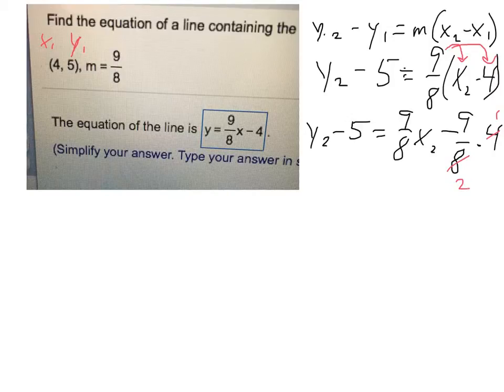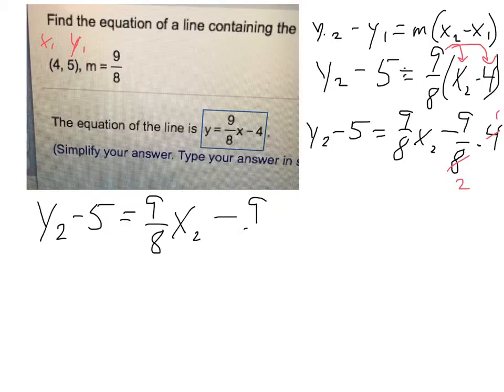So now the new equation looks like y sub 2 minus 5 equals 9 over 8 x sub 2, and it's minus 9 over 2, right? Because we had 9 times 1 divided by 2, so this becomes 9 over 2.